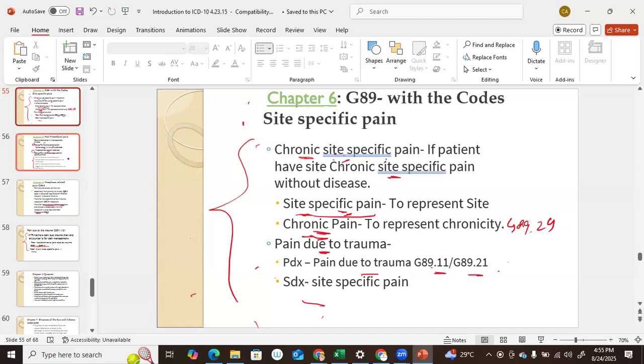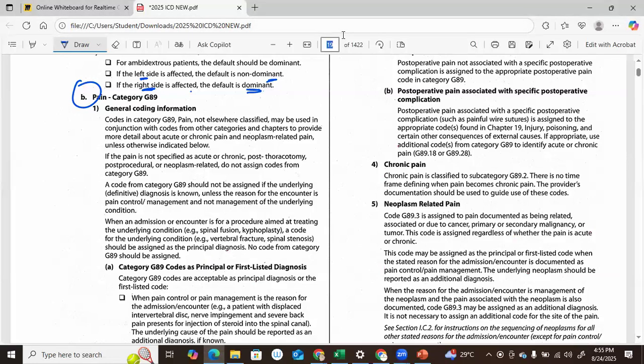Okay, let's try this question together. In our case, the patient has right shoulder pain that is chronic in nature. So we have to code the shoulder pain in the primary position. We have to refer to the pain. So what's the page number of the pain? 331. Let's try 330.